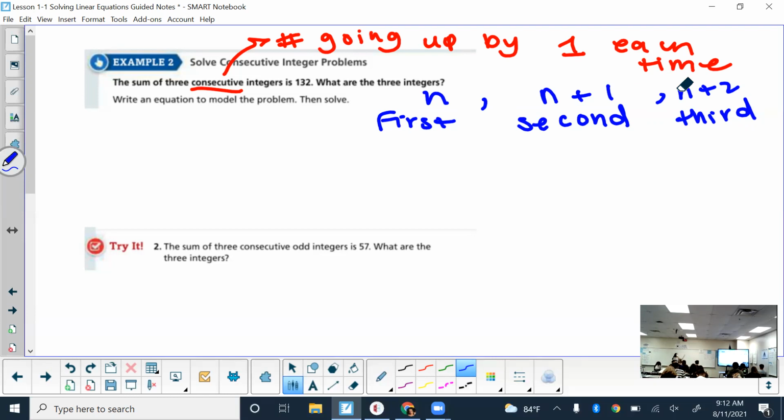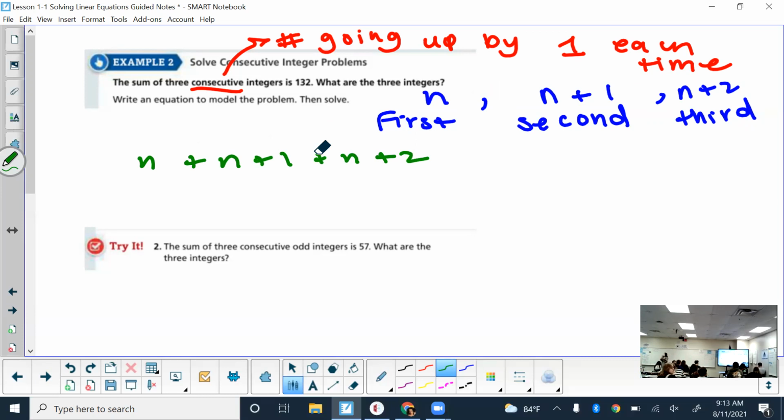All right, now read the problem again to figure out what your equation is going to be. The sum of 3 consecutive integers. So what does sum tell you to do? Add. So that means I'm going to add these together. So I have n plus n plus 1 plus n plus 2.